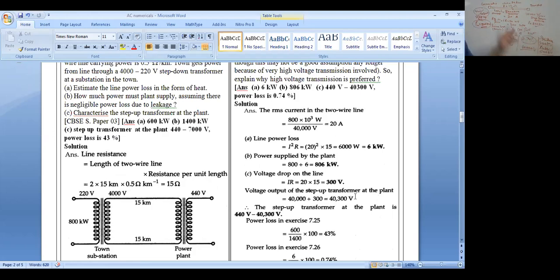While we are discussing these questions, the reason here is it is giving you the picture. Electrical power transmission must be at very high voltage as far as possible. Got the point?